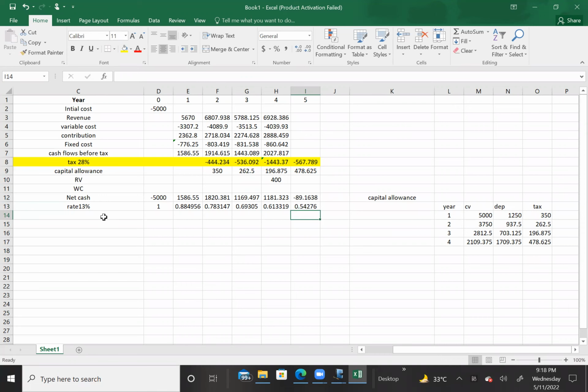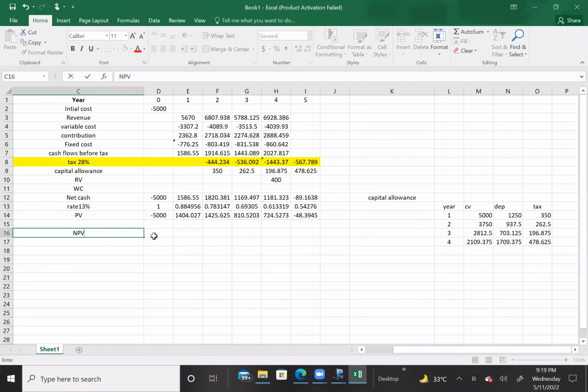We have the following discount factors, and now the present value is equal to this cell multiplied by this cell, and simply drag it, you will get the present values. Here you can determine the NPV now.